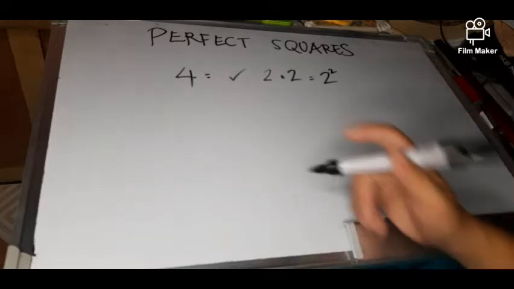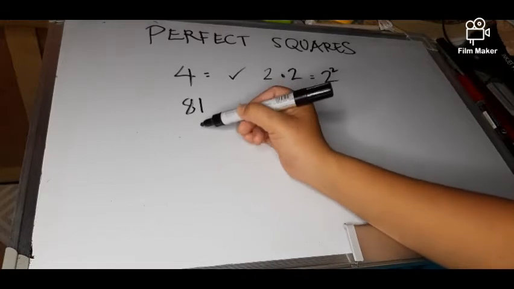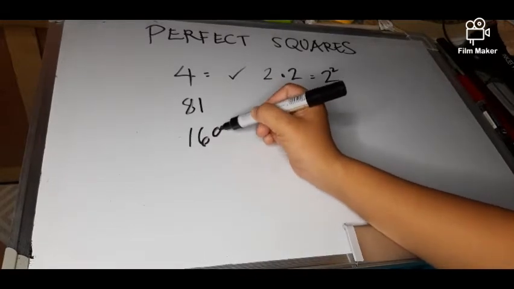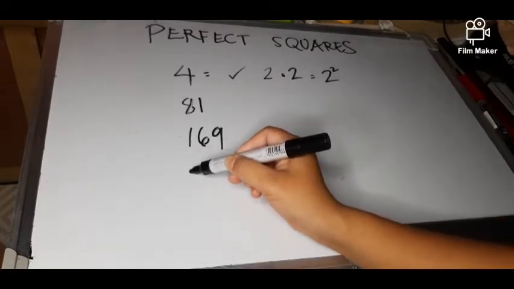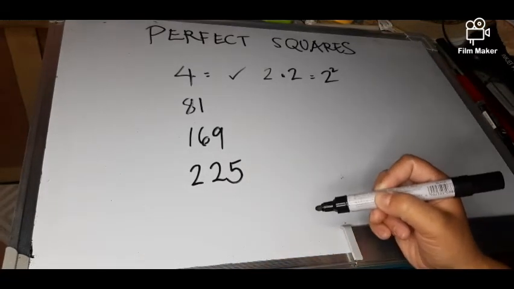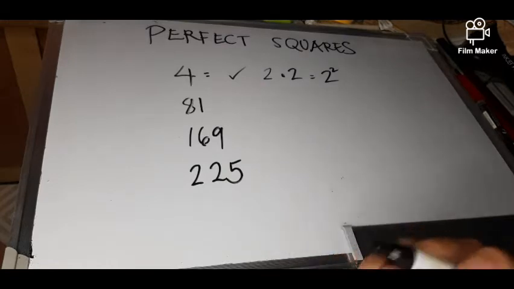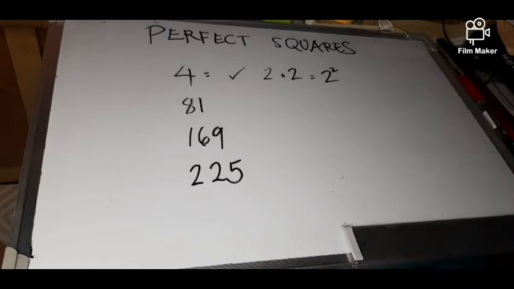How if I have 81, 169, 225? Yung mga yan, alam ba natin agad kung ano ang mga perfect square ng mga number na 81, 169, 225?